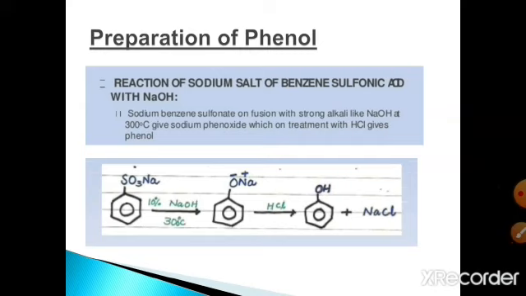This salt of benzene sulfonate reacts with 10% NaOH at 300 degrees centigrade and is converted into sodium phenoxide ion. This sodium phenoxide ion reacts with HCl, acidification takes place, and it is converted into phenol and NaCl.